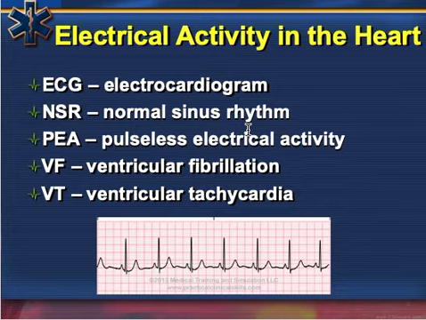So that, like I said, is a great opportunity to just practice those skills that you learned in the previous videos. NSR refers to normal sinus rhythm. PEA, pulseless electrical activity. VF refers to ventricular fibrillation. And VT refers to ventricular tachycardia.